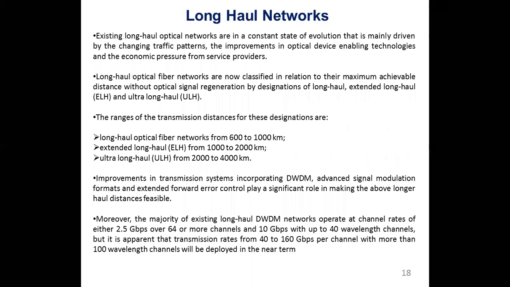So the existing core networks are constantly being evolved, driven by traffic patterns, the requirements of the user, and also improvements in photonic devices, and using lower cost but more service from the service providers. So these optical networks are classified in relation to the maximum distance which they can achieve without using regeneration.